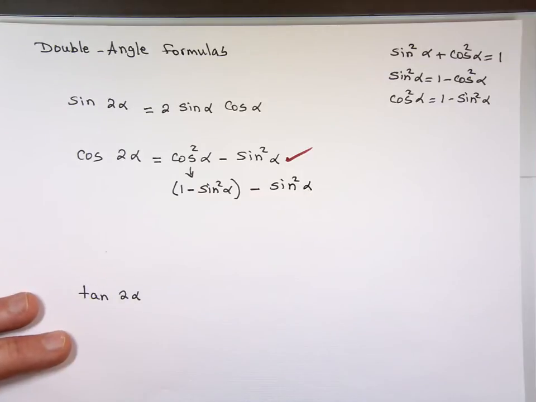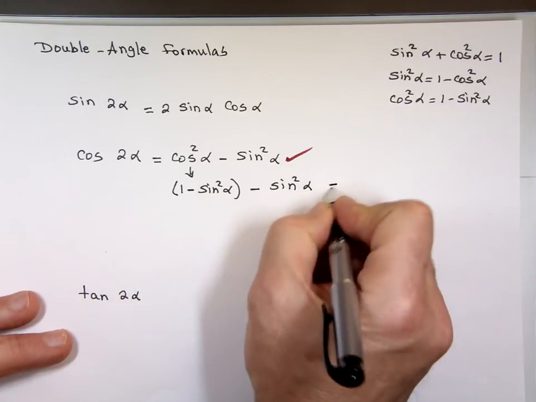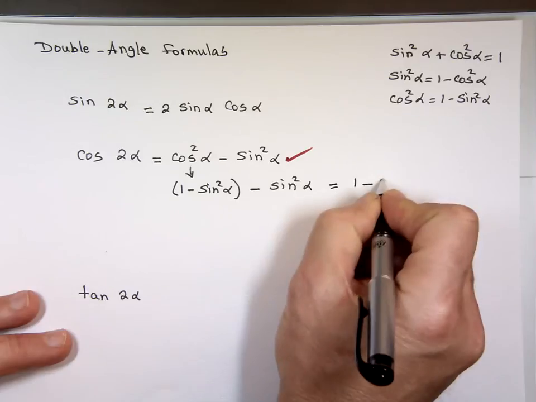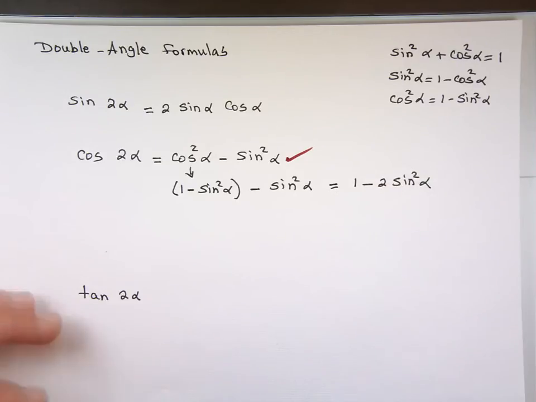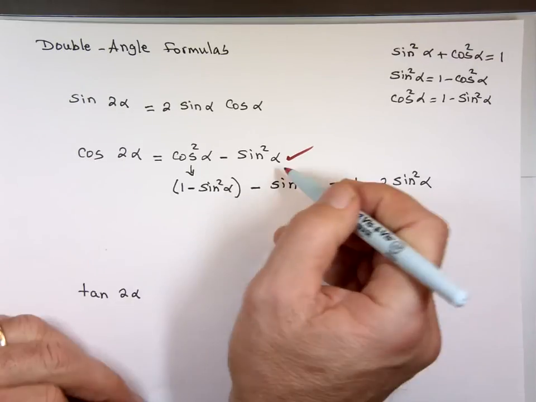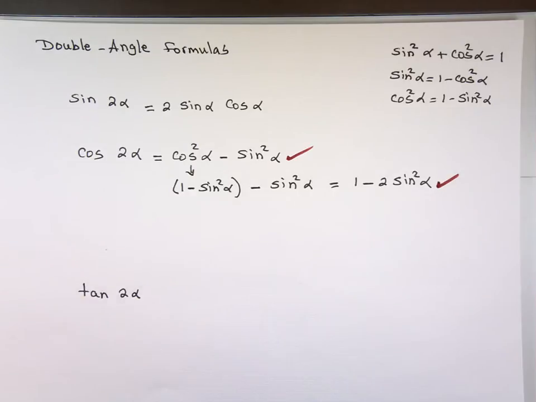And now you'll have 1 minus 2 sine squared alpha. So that's another one you'll see in a math book, that cosine 2 alpha is equal to this, or it's equal to that one. It's the same thing.